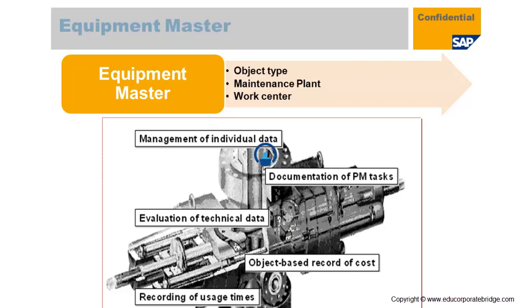Evaluation of the technical data like your guarantee warranty period for that equipment, your manufacturing date, manufacturing unit, then manufacturer, all these kinds of technical data are combined in the evaluation. Then the cost: once you assign that equipment to the particular maintenance order, you are able to track the cost of that equipment, and the time can be recorded, how many times it is used, that can be tracked through the measuring point or measuring counter for that particular equipment.